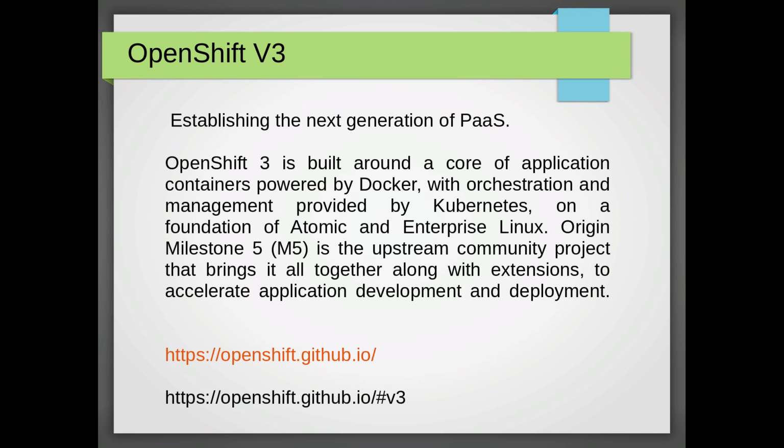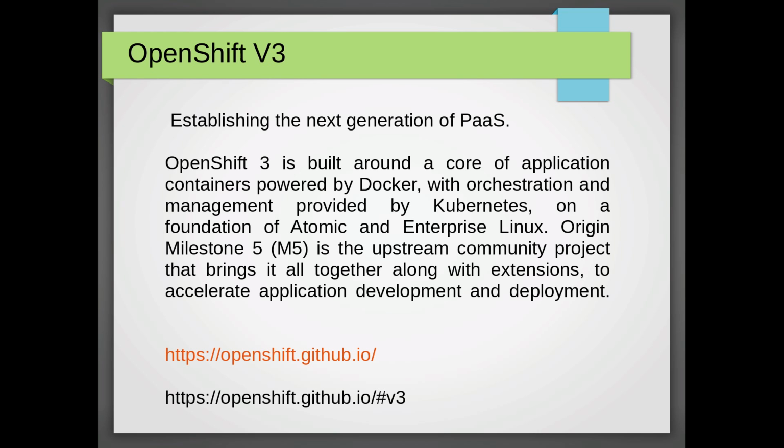Okay. Now, what is OpenShift v3 providing? Until OpenShift v1 and v2, it was powered by Linux containers. Now in OpenShift v3, they are establishing the next generation of PaaS. Why is that?